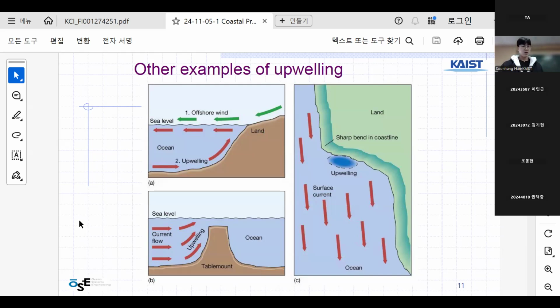And these are other examples of upwelling. The first one is offshore wind. It is quite similar to the wind from the north.